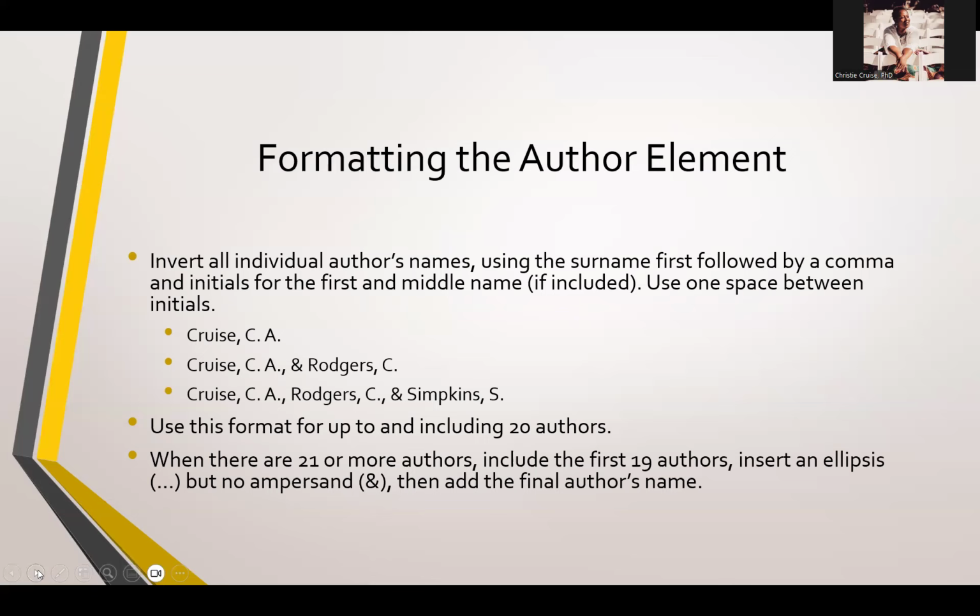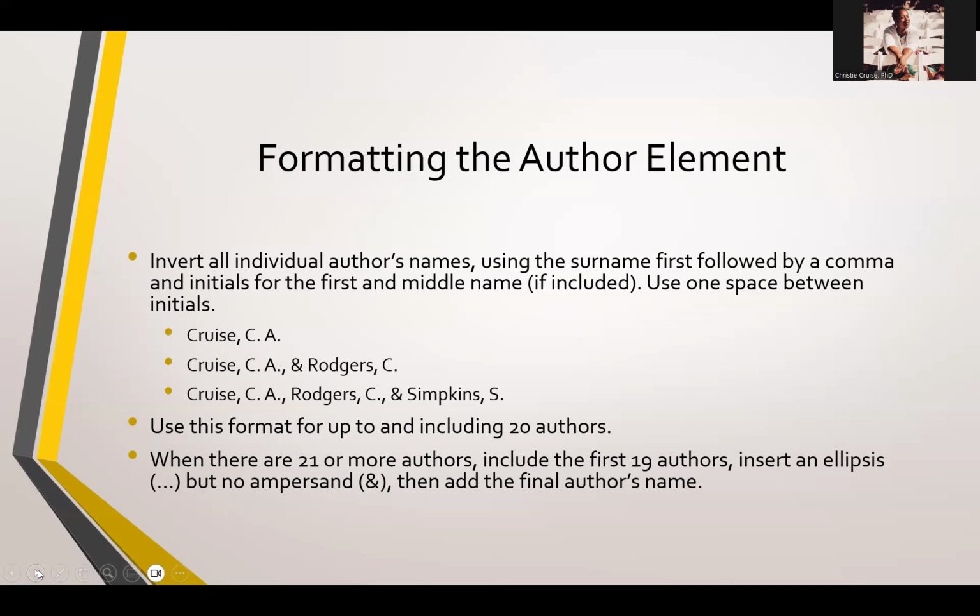You will use this format for up to 20 authors. So remember in the in-text citations, if it was 3 authors or more, you use et al. In your reference list, you have to list out every author up to the 20th author. When there are 21 or more authors, you want to include the first 19 authors, insert an ellipsis, no ampersand, an ellipsis, then add the final author's name.